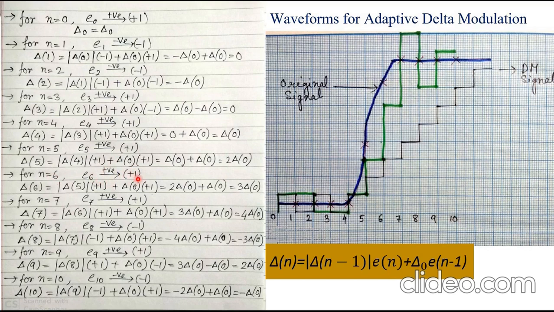So when you calculate delta 6, that is actually mod of delta 5 into current error, which is +1, plus delta 0 into previous error, which is +1. So that is 2 delta 0, because the delta 5 value is 2 delta 0 into 1 2 delta 0 plus 1 into delta 0 delta 0. So the result will be 3 into delta 0.